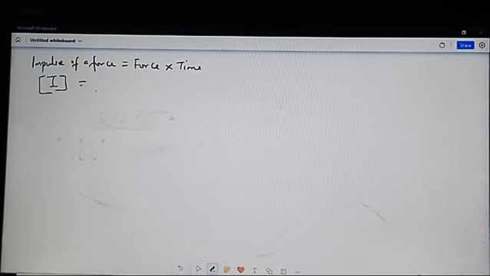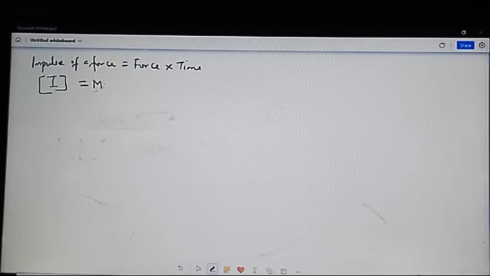Let us move on. Let's look at impulse of a force. Impulse of a force has formula of force times time. Let's call the impulse of a force I. So the dimension will be force.